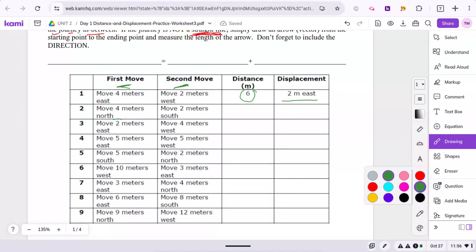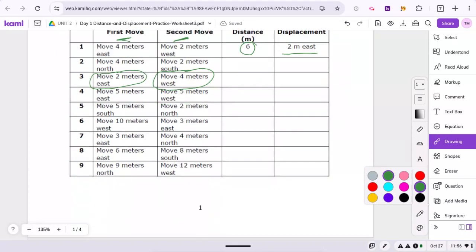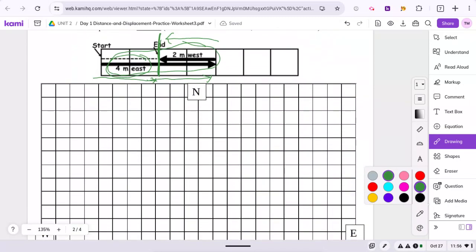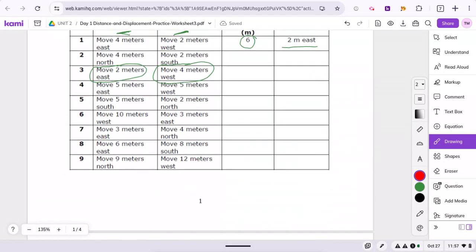So for the next one, move 2 meters east and 4 meters west. So I'm going to start here for this one. So if you went 2, let me check to make sure.